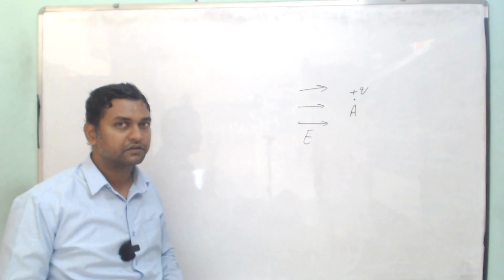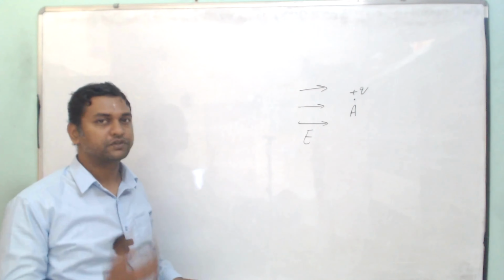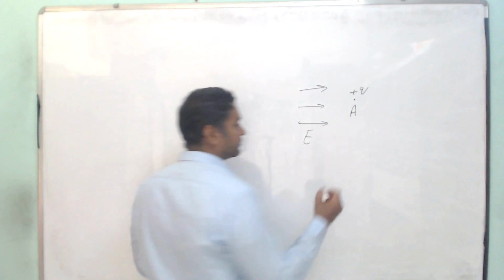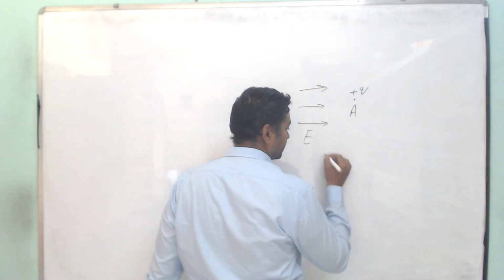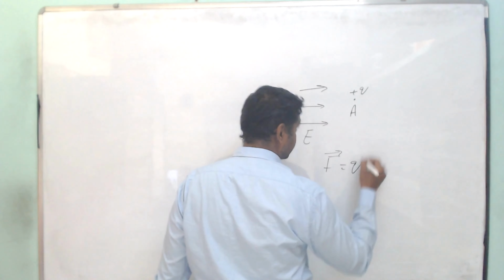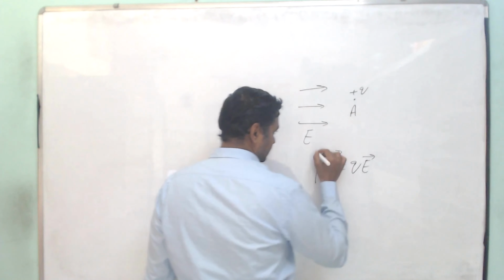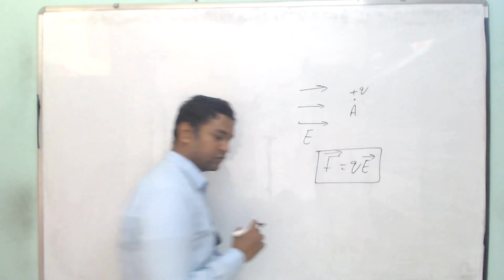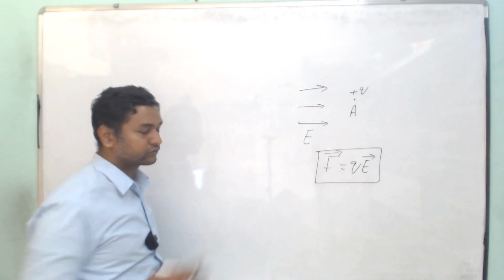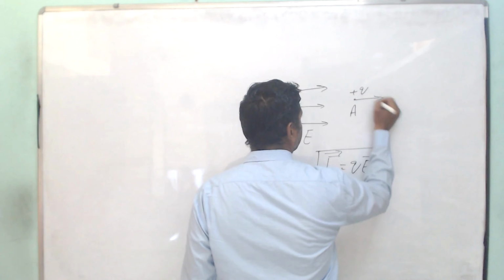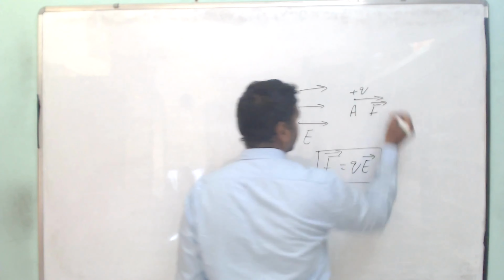The definition of field is force per unit charge. So basically, if you look at the force F bar, it will be nothing but this point charge Q into E bar, correct? This much amount of force will act on that point charge, in the same direction as that of the electric field.